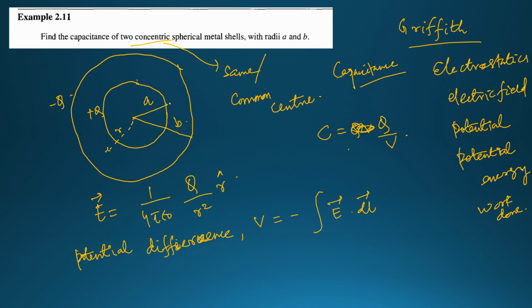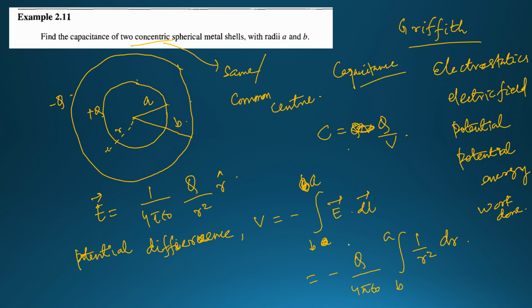We need to find the potential between these two, from B to A. So minus Q by 4 pi epsilon naught, integral from B to A of 1 by r square dr.